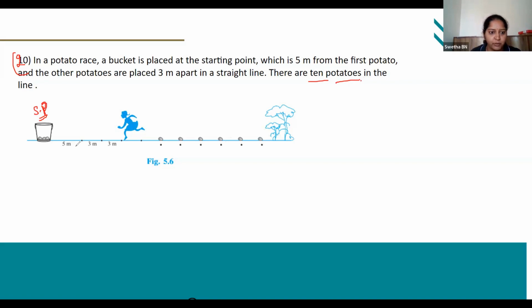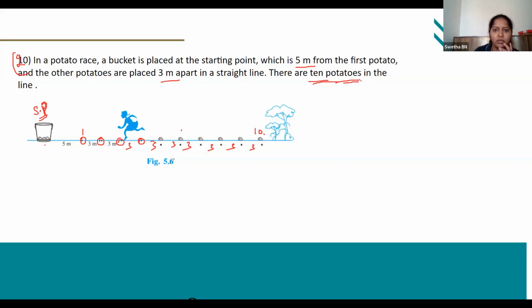The distance between the first potato and the bucket is 5 meters. Each potato is 3 meters apart from each other, in a straight line.